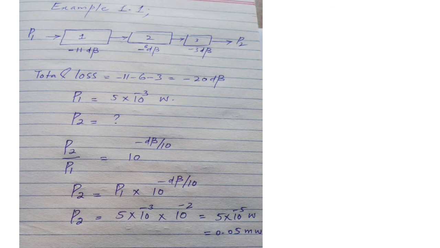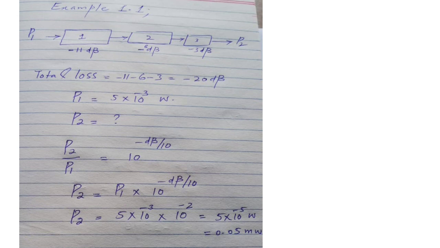So let us calculate the total loss of this cascaded system in decibels. The total loss in decibel will be equal to the loss of block number 1, that is minus 11, plus the loss of block number 2, that is minus 6, plus the loss of block number 3, that is minus 3.